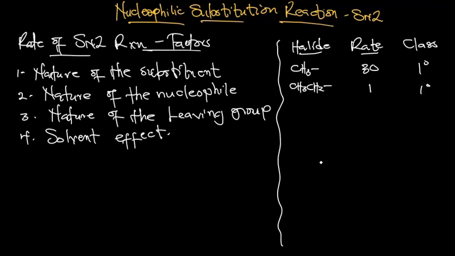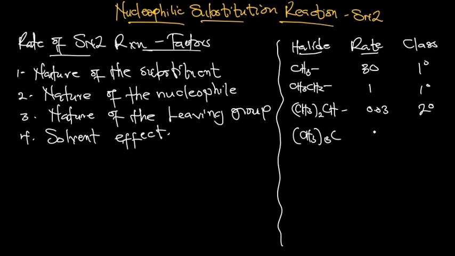And if we have isopropyl, (CH3)2CH, a secondary class, this is 0.03. What about tertiary? For tertiary, we have (CH3)3C, a tertiary butyl group.